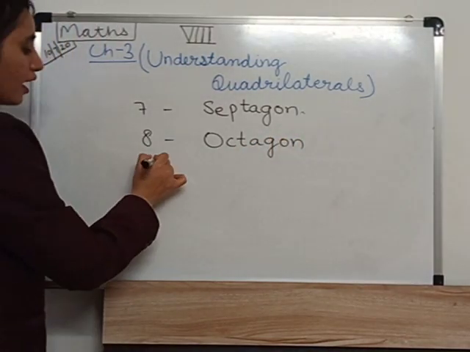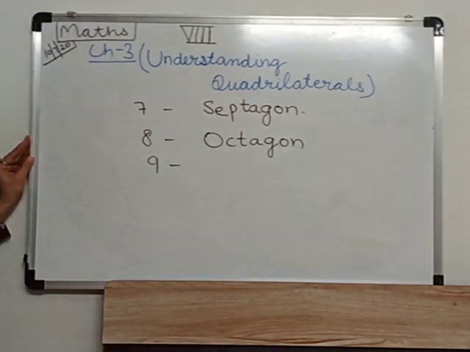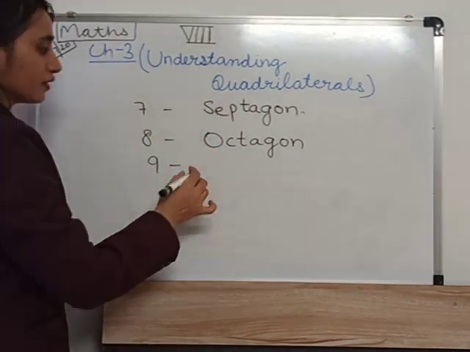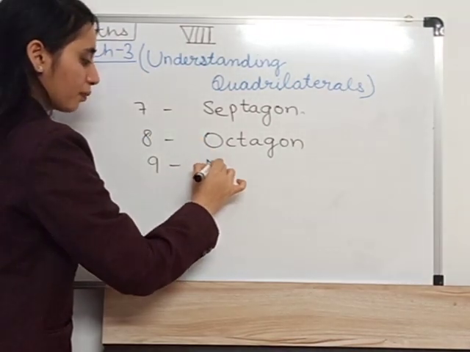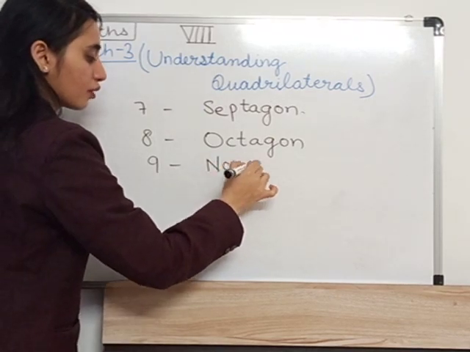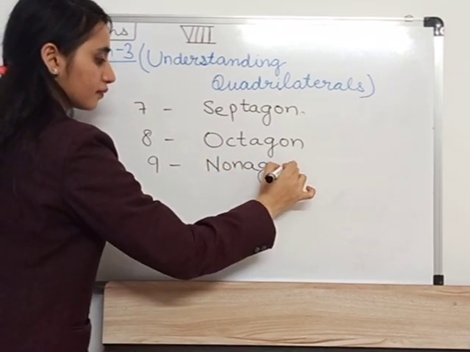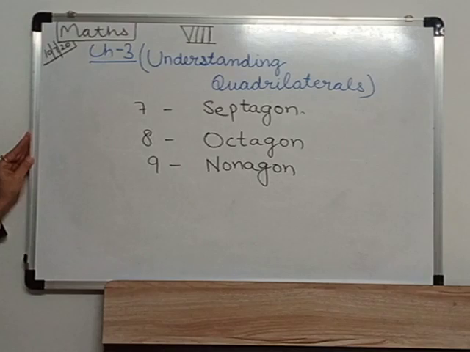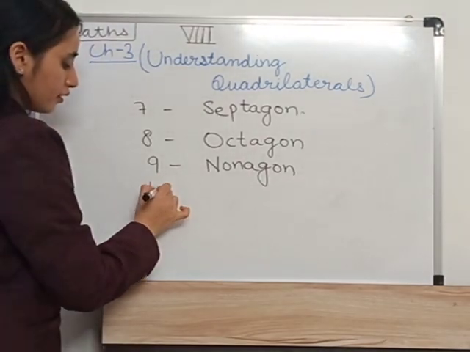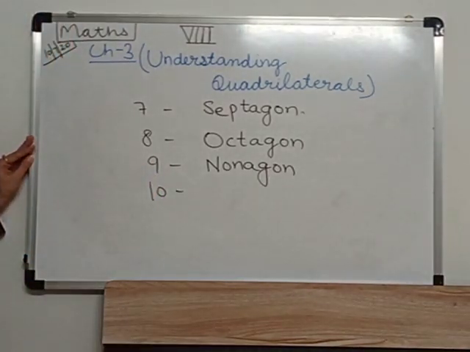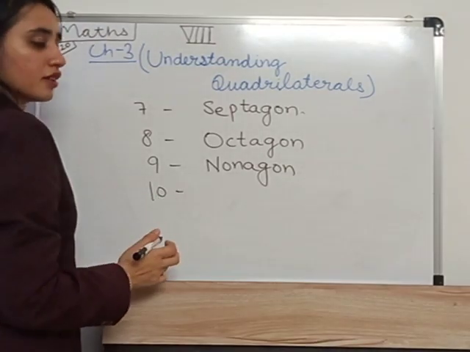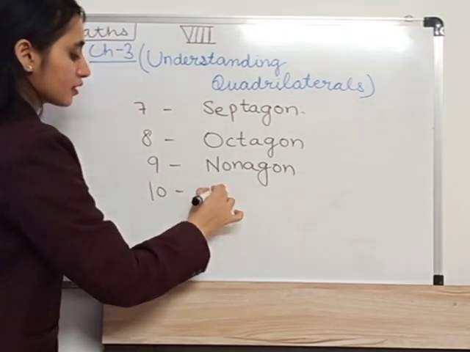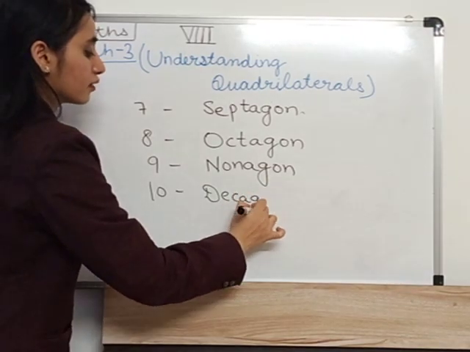And if a polygon has 9 sides, 9 line segments, then the name of that polygon is nonagon. Okay. And if the polygon has 10 sides, then the name of that polygon is decagon.